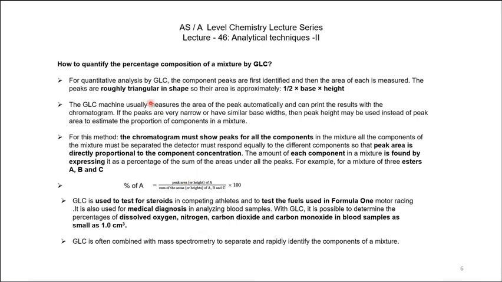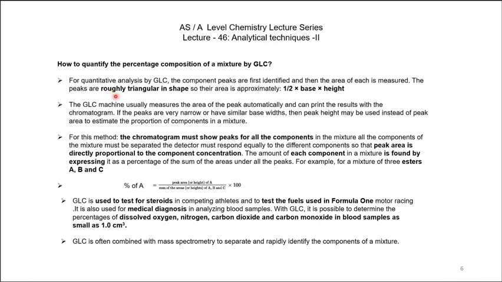Well, we can also use GLC, gas liquid chromatography, in quantitatively determining the percentage of the compounds in a mixture in a sample. First we have to identify the component peak and then measure the area of the component peak.